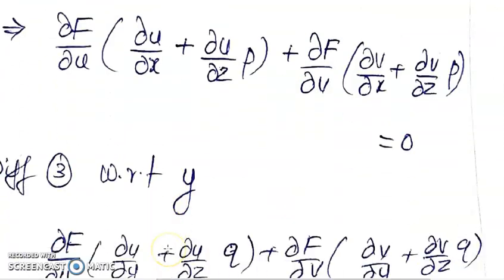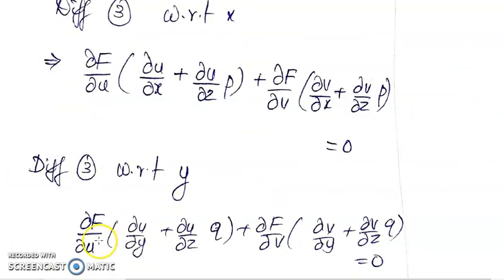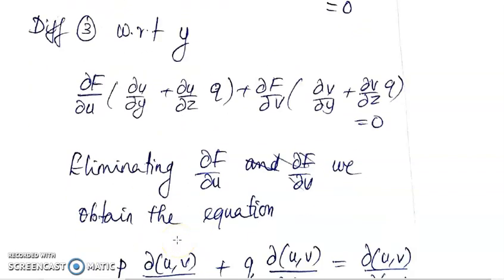Now on differentiating 3 with respect to y, we will get dou f by dou u into dou u by dou y plus dou u by dou z into q, plus dou f by dou v into dou v by dou y plus dou v by dou z into q equal to 0. Now we will eliminate dou f by dou u, so multiply these coefficients.